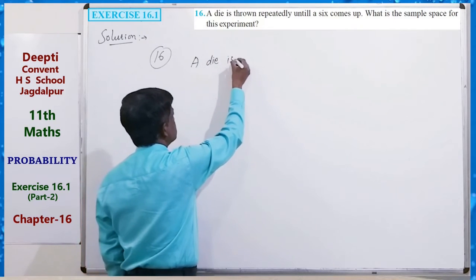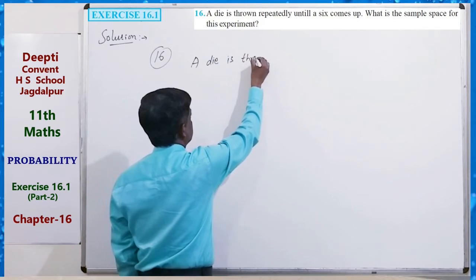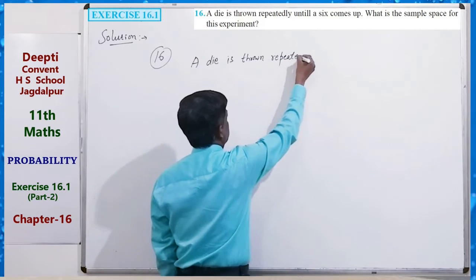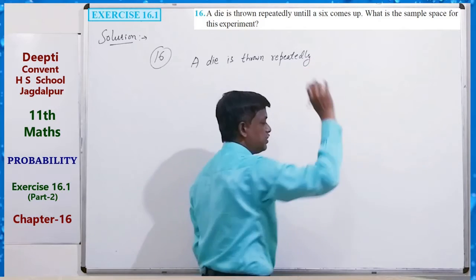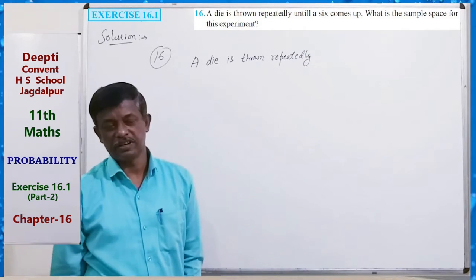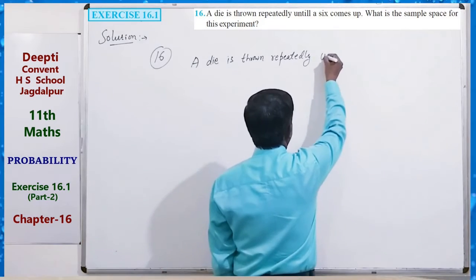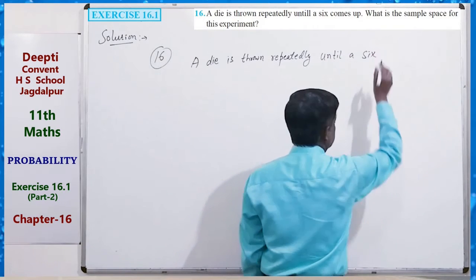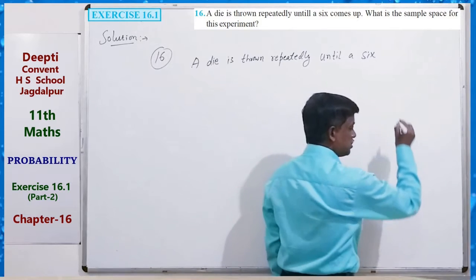A die is thrown repeatedly until a 6 comes up.